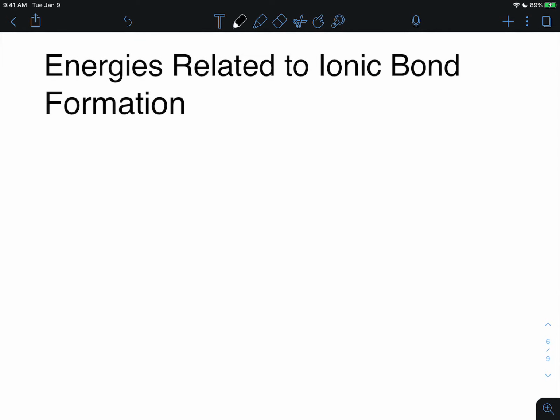Let's look at the energies that are related to ionic bond formation. There's a lot of different energies that are going to be going on, including phase changes. So we have enthalpies of phase change. So going from solid to liquid, liquid to gas, or solid to gas, because we need all of our species, our metal and our non-metal, to be in the gaseous phase.